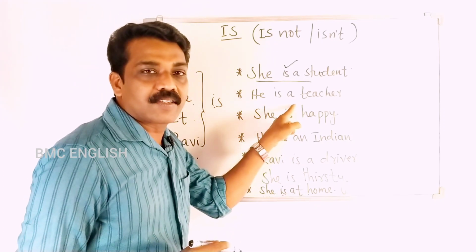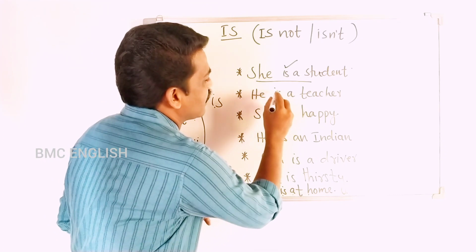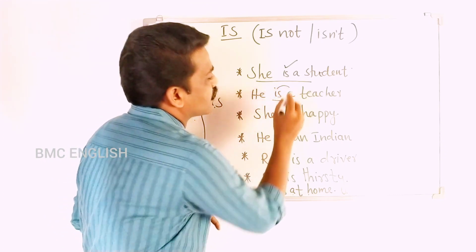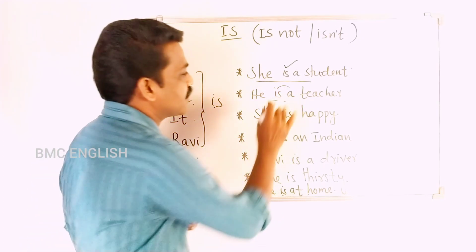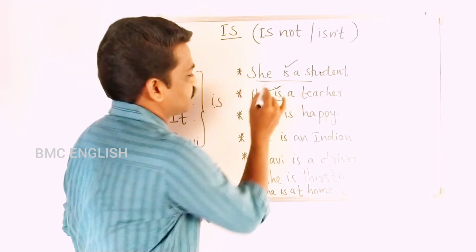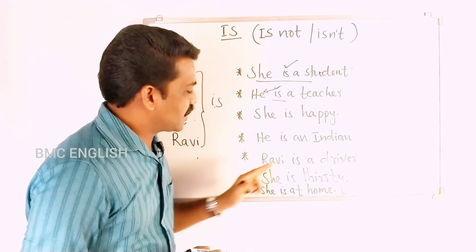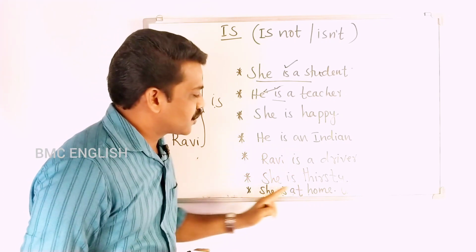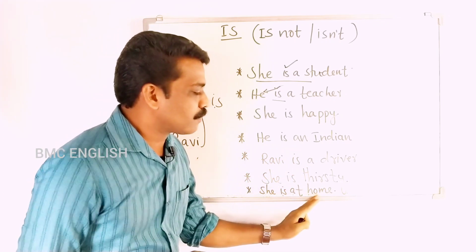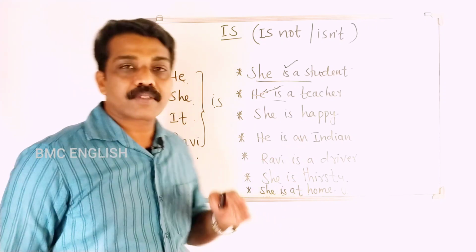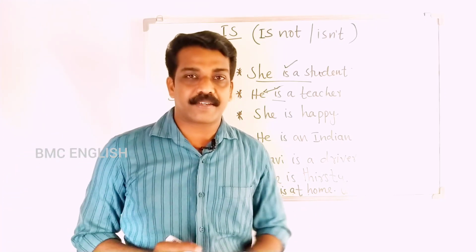He is a teacher. See, "is" is a main verb. It shows the state of the subject. Now, she is happy, he is an Indian, Ravi is a driver, she is thirsty, he is at home. All the sentences show the state of the subject.